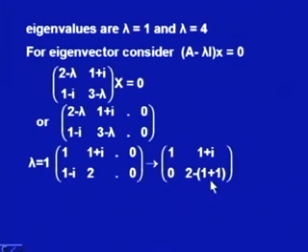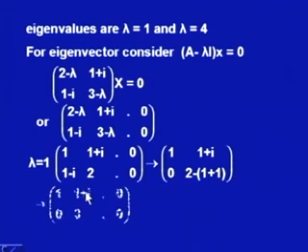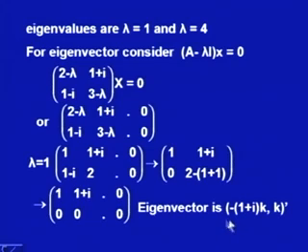We transform this matrix to this matrix, and from here one can notice that the matrix has one row completely 0, and that means we can write the eigenvector as minus 1 plus i times k, k, where k is an arbitrary value.